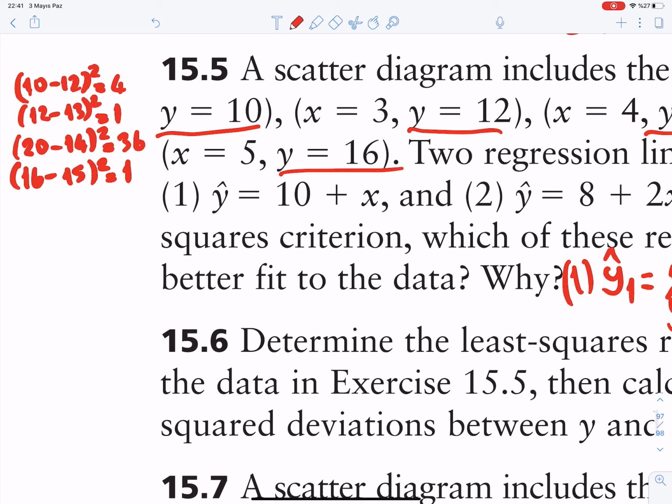Summing up all these values, you get 42.